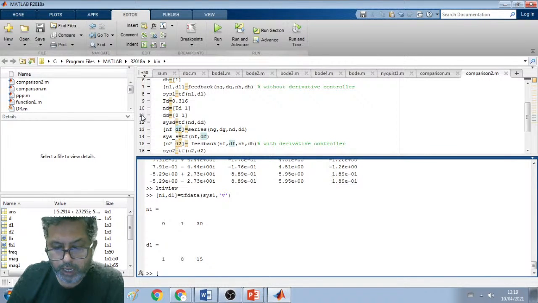Let us say r comma p comma k is equal to residue n1 comma d1.